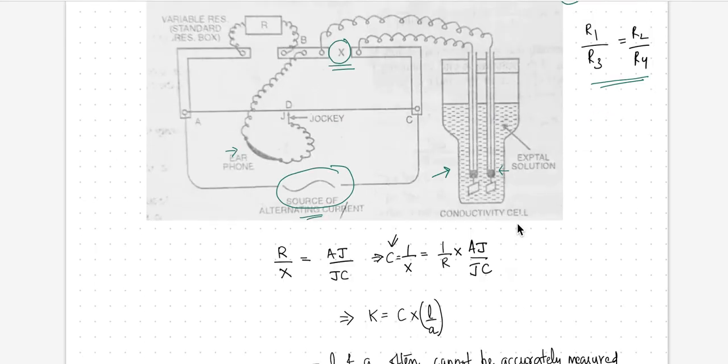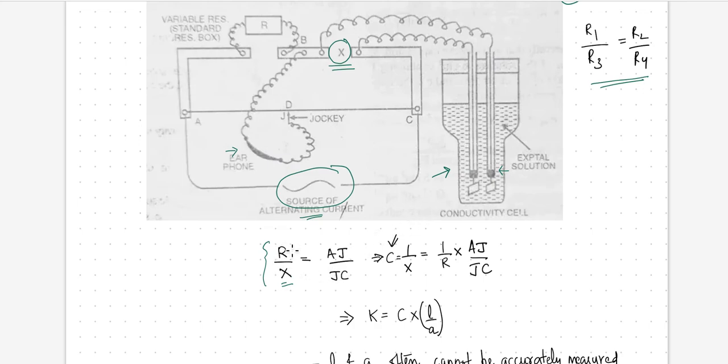Once you get the null point, you can use the Wheatstone relationship. Since resistance is in terms of distance, you can write R upon X is equal to AJ upon JC. X is the resistance of the conductivity cell, which we don't know.